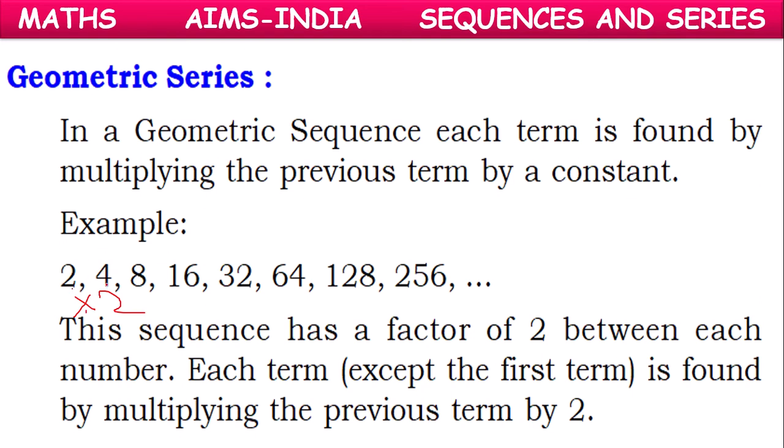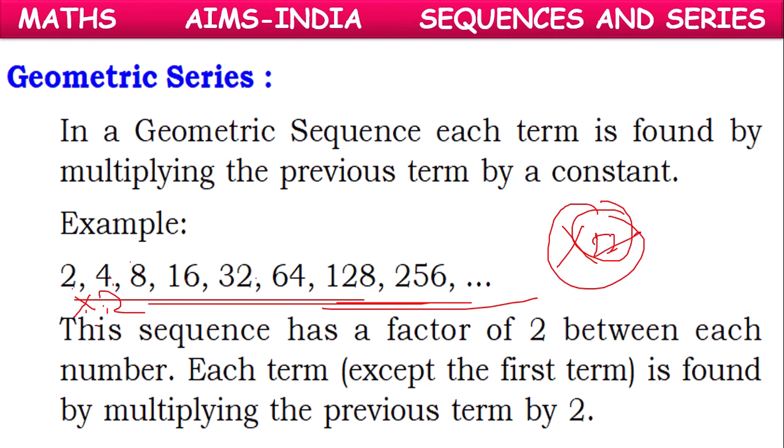That is 2 into 2 equal to 4, 4 into 2 equal to 8, 8 into 2 equal to 16, 16 times 2, 32. We are multiplying all the terms except the first term with a common number. Any term of the sequence can be obtained by multiplying the previous term with one common factor. As we are multiplying, we can call it a common factor.